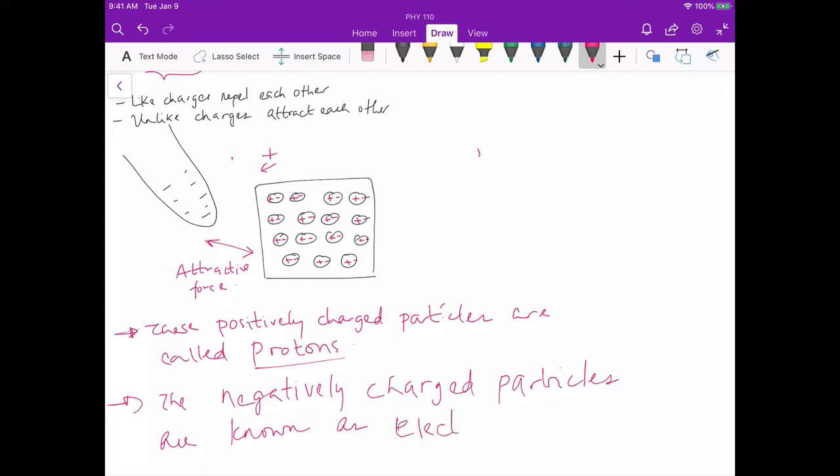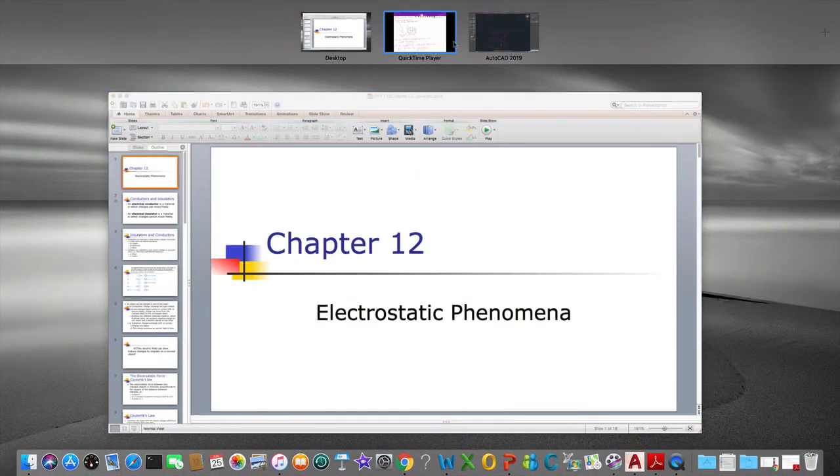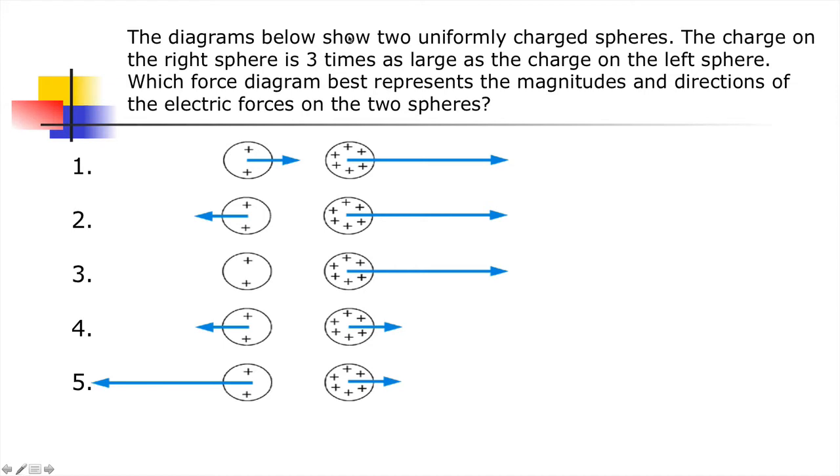Electrons, very good. Now we already mentioned that opposite charges attract each other, and like charges repel each other.